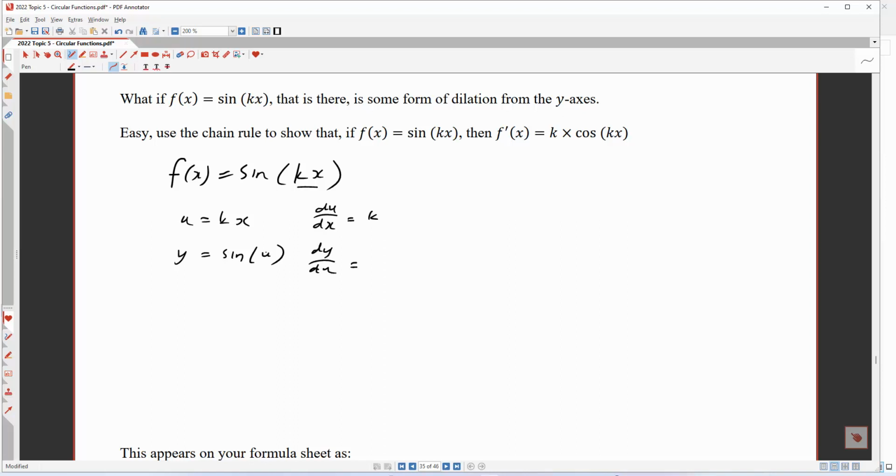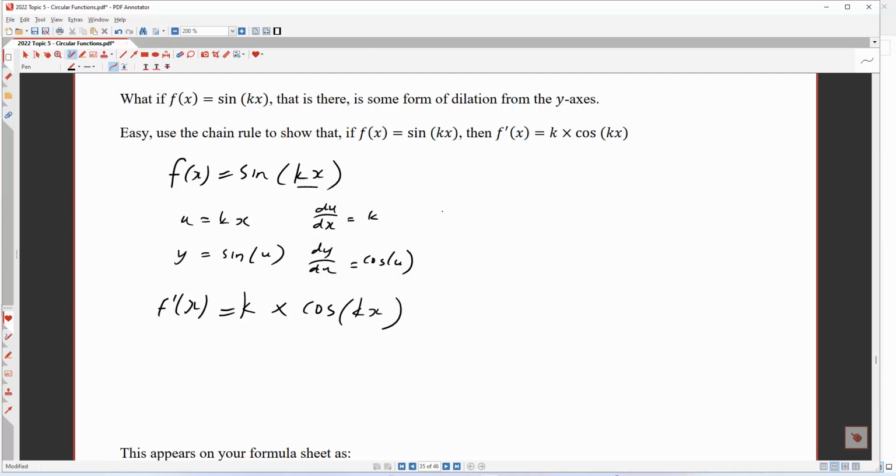Now what is the derivative of sine of u or sine of x? It's just cosine x, so we're going to say cosine of u. Now to get the derivative, f dash x equals, so remember the chain rule is this multiplied by this complete with the u sub, so that's k times the cosine of u, which is kx. So there it is via the chain rule.